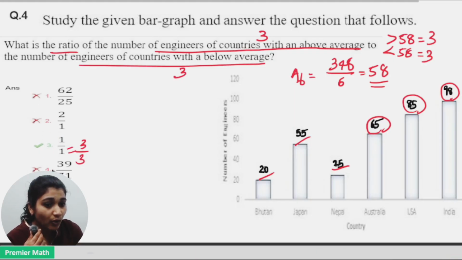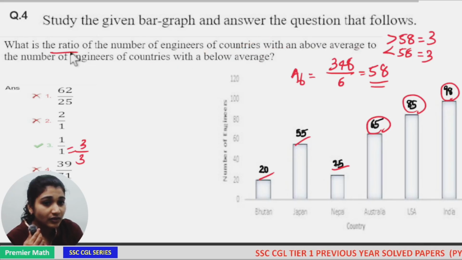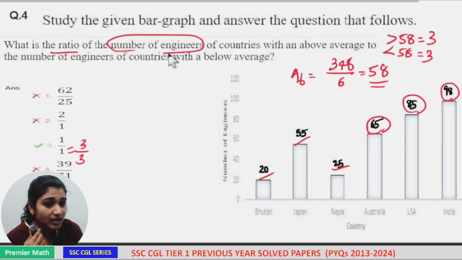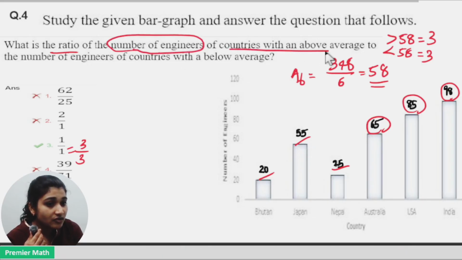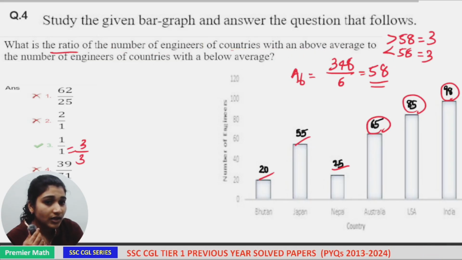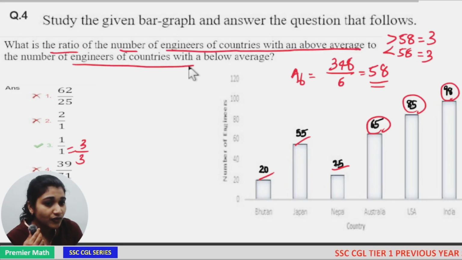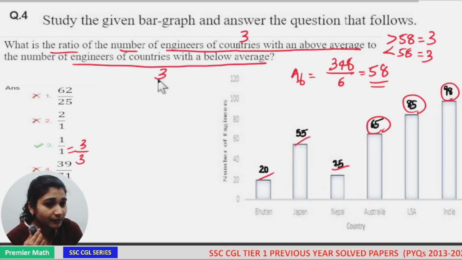Don't confuse it with option 1, because if you're reading the statement like taking the ratio of number of engineers of countries with above average, here we don't know which average they are mentioning. So take this statement like number of engineers of countries with above average to engineers of countries with below average, which is 3 by 3.